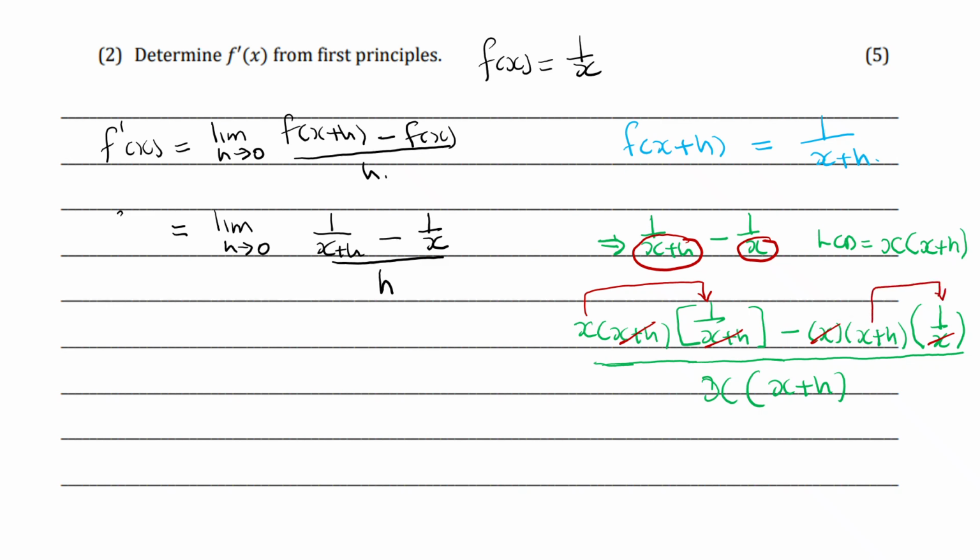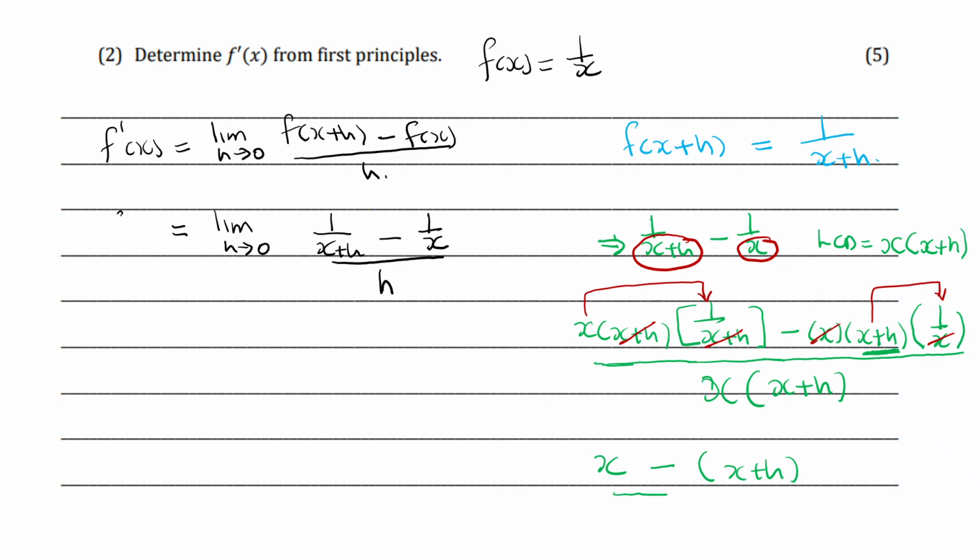Just in case the term was not 1, but in this case we know that we will just have the x this side, and then minus, this will be inside the bracket. I'll have x plus h, because I'm just multiplying this term here by 1. Please make sure that you put it inside the bracket, because I think now you know that we need to multiply out the bracket by that negative.